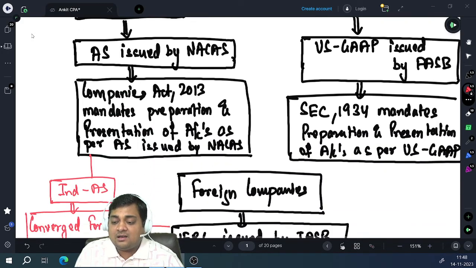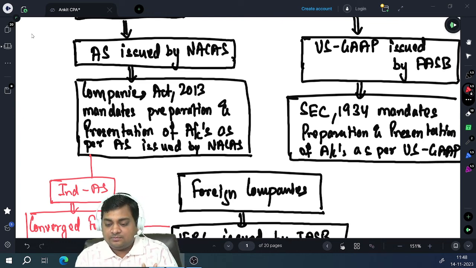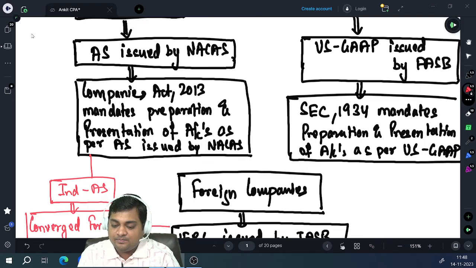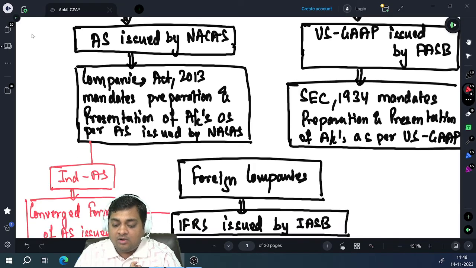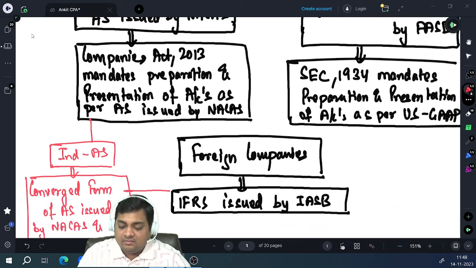In US, usually all the accounting standards are basically rule based. It does not involve the opinion of any professional experts. But if I talk about IFRS, right, this is principle based, a bit conceptual, right?